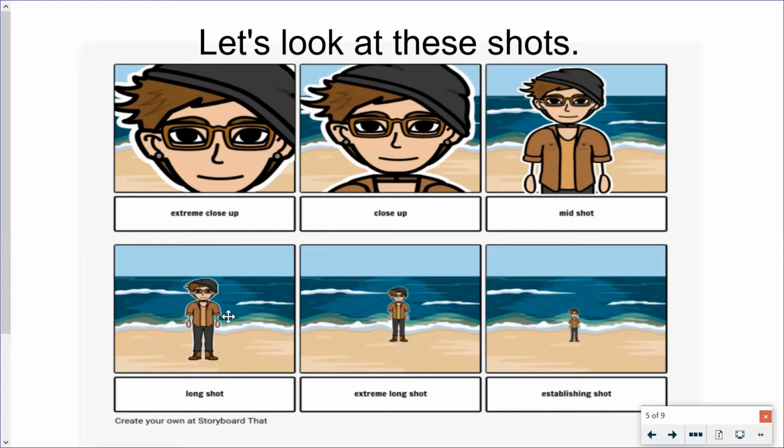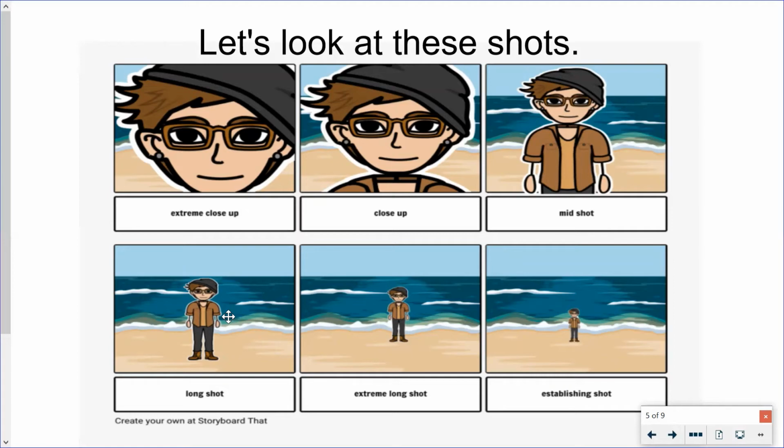Then you have the extreme long shot, which means that maybe the person has zoomed out even more, or the person is very far in the background, further away from you, so you can see more of the background, don't you? And then you have the establishing shot, in which you can barely see the person. I cannot really see his face, but you can see more of the background.